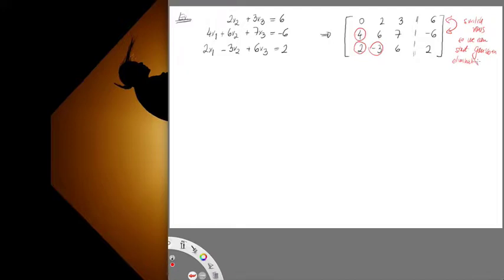Does switching rows do anything to the solution of the system? If I switch rows, will I do anything to the x1, x2, x3 that satisfy the system? Does anything change? No. So order is arbitrary anyway, so let's do that.